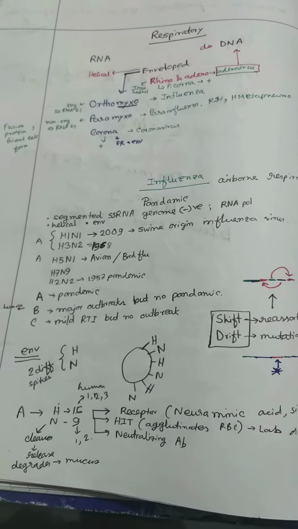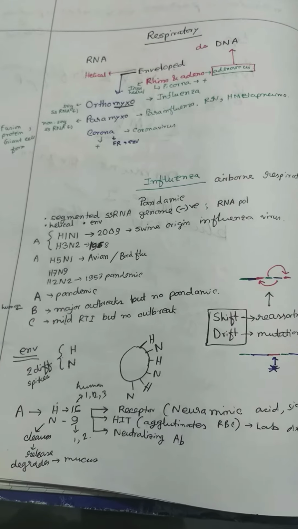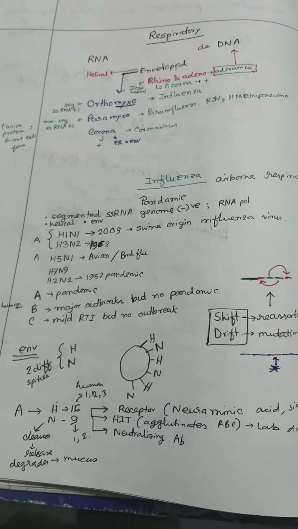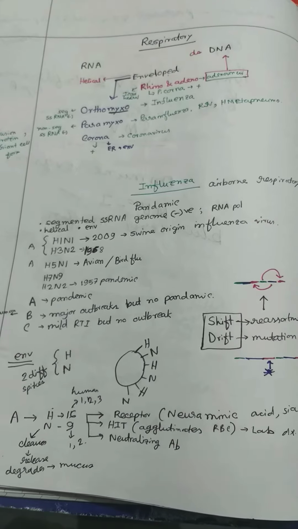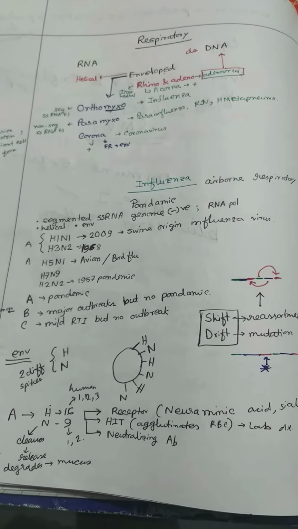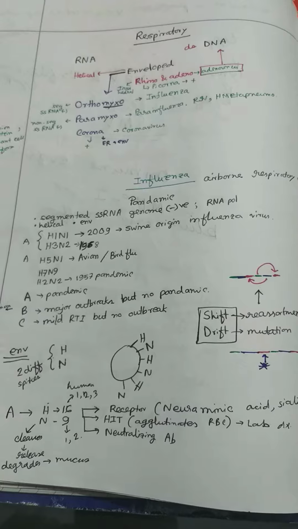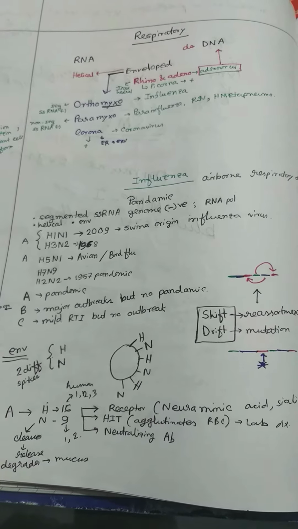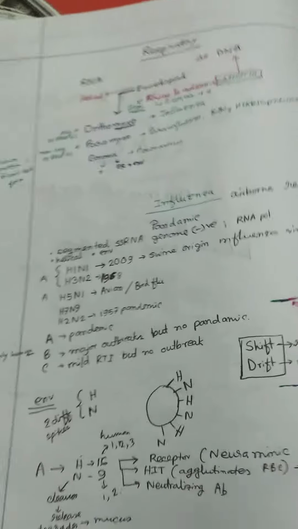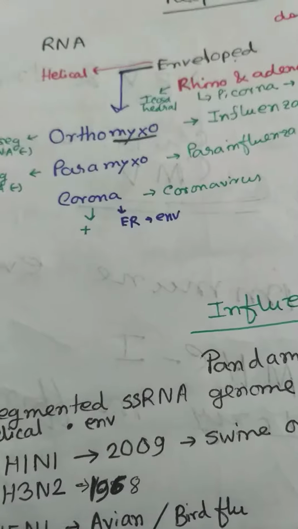Most of the respiratory viruses are enveloped, and only two are exceptions that are non-enveloped. The non-enveloped respiratory viruses include rhinovirus and adenovirus, and the enveloped respiratory viruses include orthomyxovirus, paramyxovirus and coronavirus.